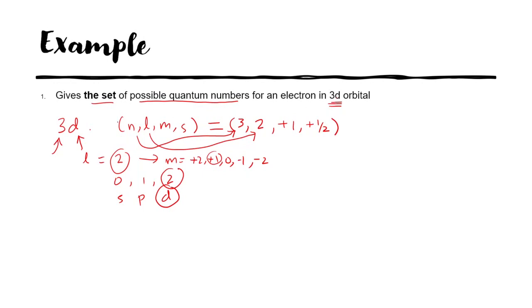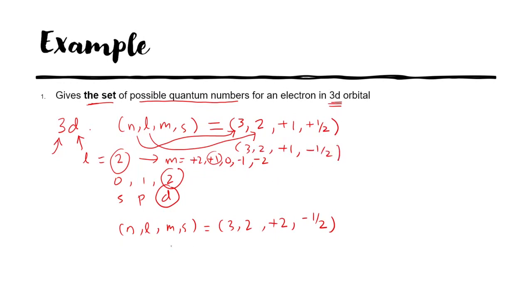But actually the question asks you to give the set. The means you can also have your N, L, M, S equal to 3, 2. This one does not change, but this one can be positive 2, and this one can be negative half. Even for this one, you can still have 3, 2, positive 1, negative half.